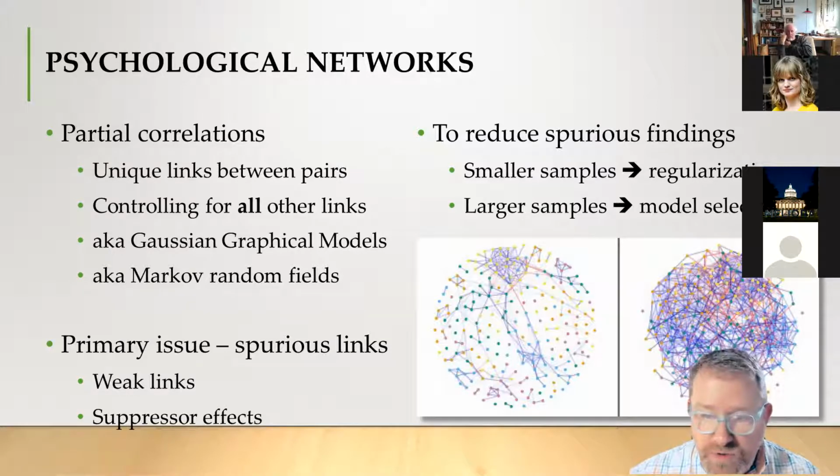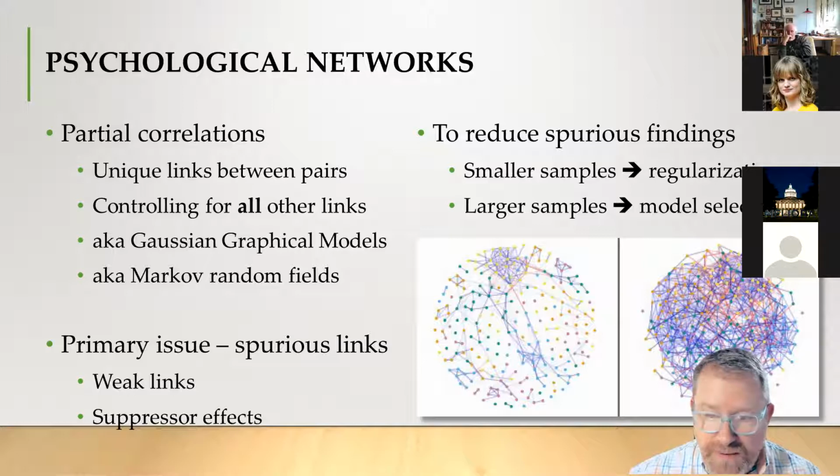To reduce that concern, there are different strategies. If you're working in a smaller sample, you can use regularization, which is a thresholding technique to screen out the smaller partial correlations and just focus on the ones that you have more faith in.